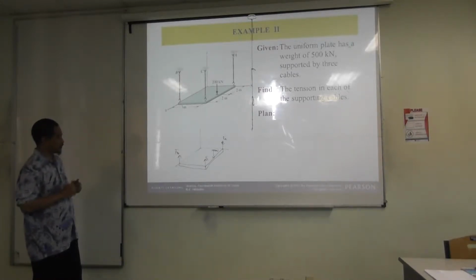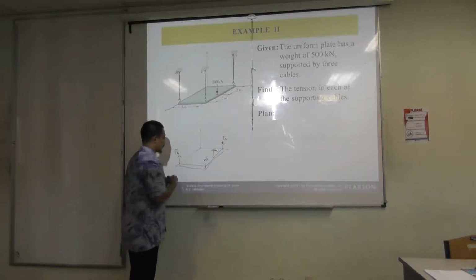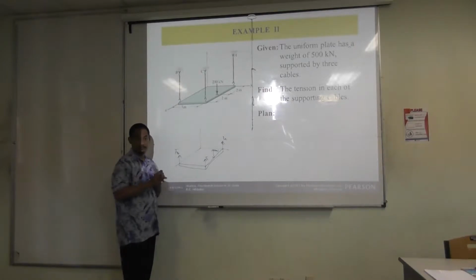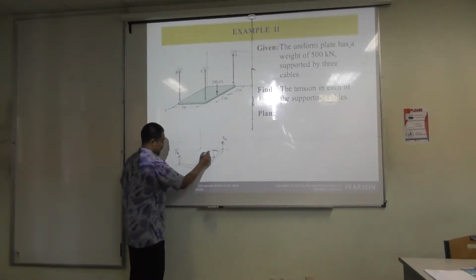Anything missing? Yeah, in this question the weight is given, so you have to consider that one. So where is the location of the weight? It should be at the center, somewhere there.